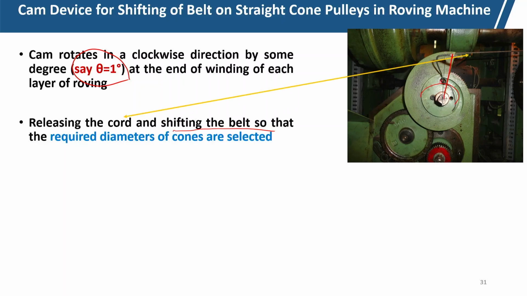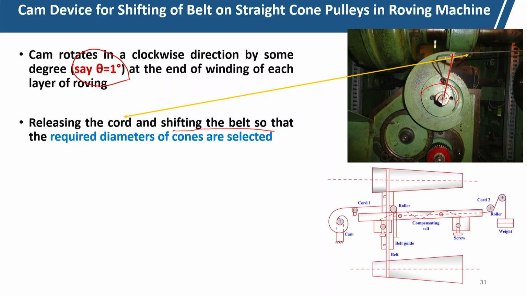Okay. This is the cord, and here the shifting takes place, and this cam arrangement is shown here. This is the belt shifting.